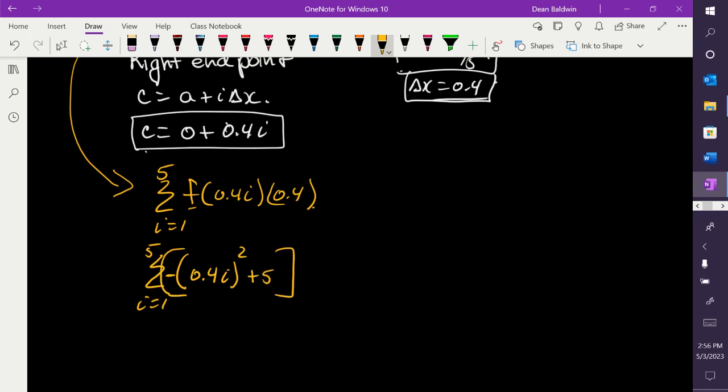Now this is where you have to be careful with your brackets. You have to bracket that, and then the 0.4 sits on the outside.